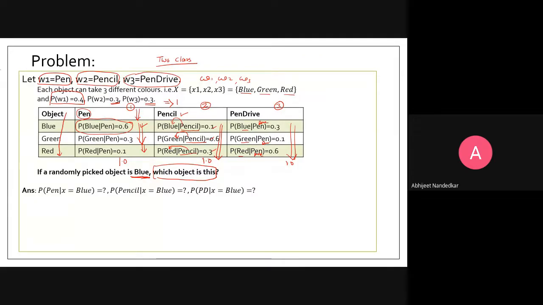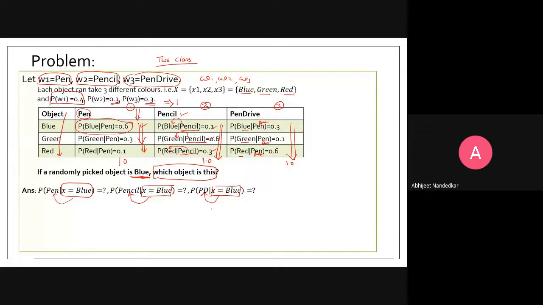The condition is that x is equal to blue, that means the color observed for a given object is blue. Then I am asking whether this is a pen, a pencil, or a pen drive. So I have to find the probability for these three conditions.